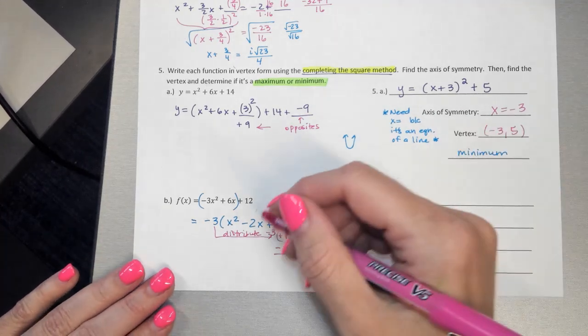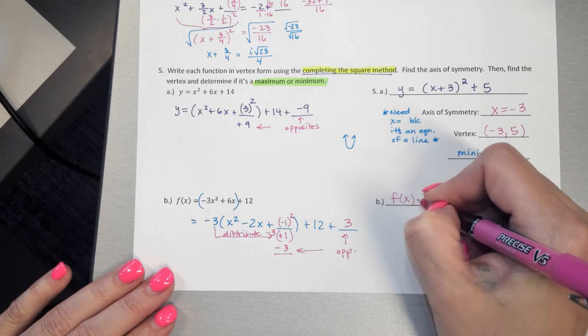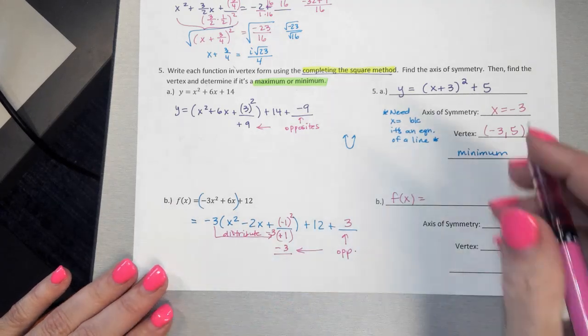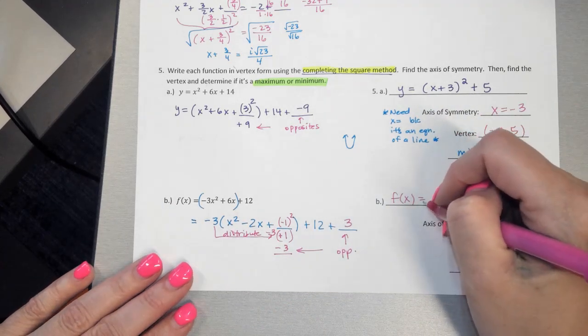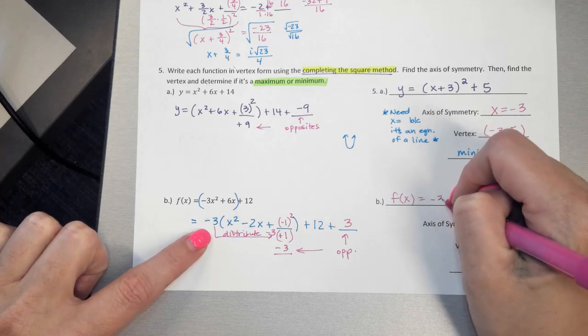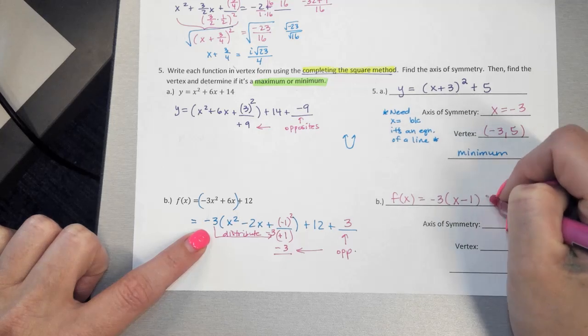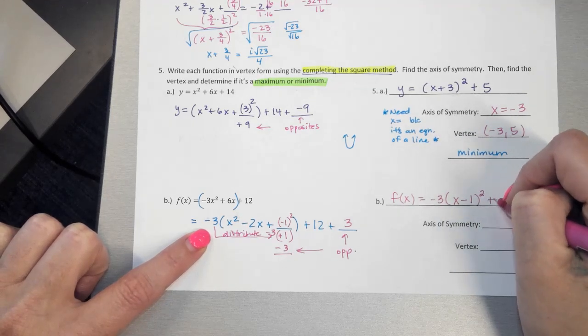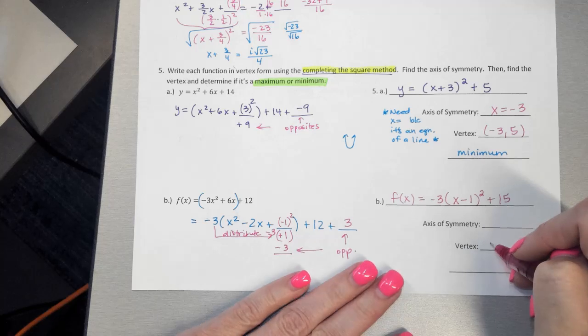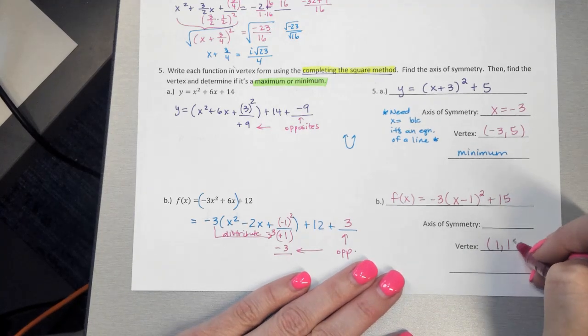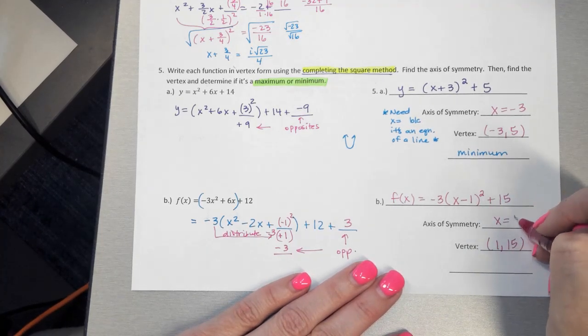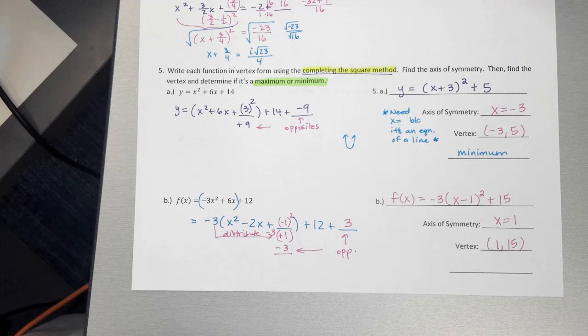When you write your final answer, don't forget your equation. So it's f of x equals, that needs to be part of it. The -3 stays on the outside. Okay, we're going to factor into x minus 1 squared plus 15. I always like to do my vertex first because my axis of symmetry is just the x coordinate of my vertex.